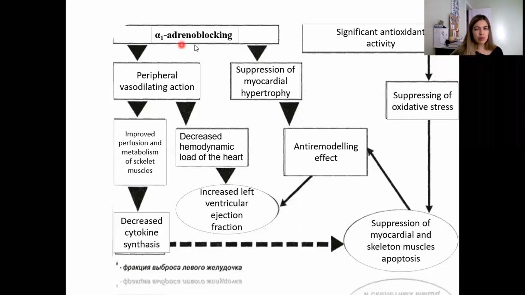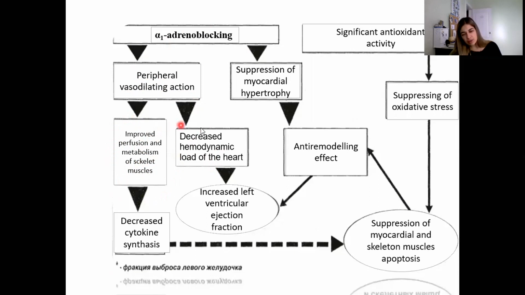By blocking alpha-1 adrenoreceptors, we have a peripheral vasodilating action. Why? Because alpha receptors stimulate the contraction of vessels. If you block them, there will be no contraction, so they will dilate. This vasodilating action leads to improved perfusion and metabolism of skeletal muscles and decreased hemodynamic load on the heart.